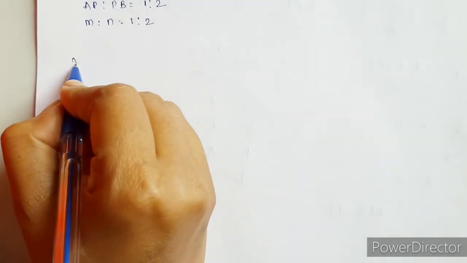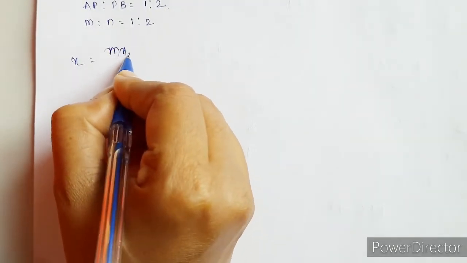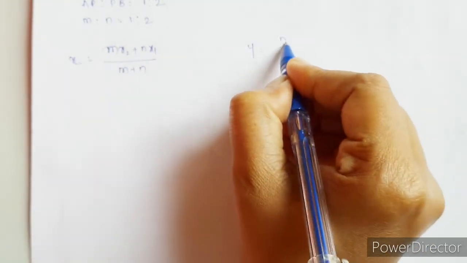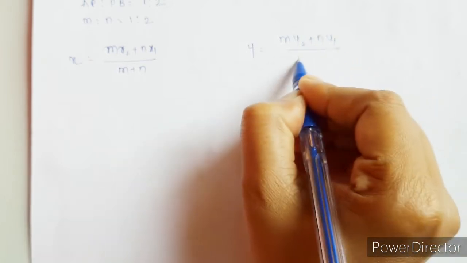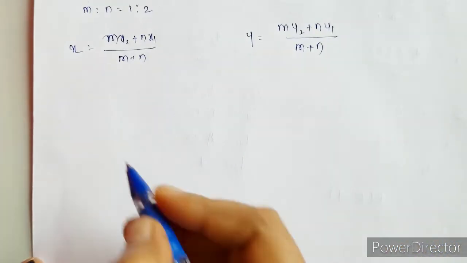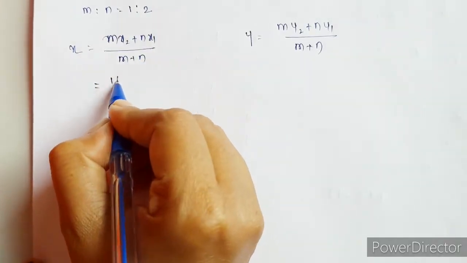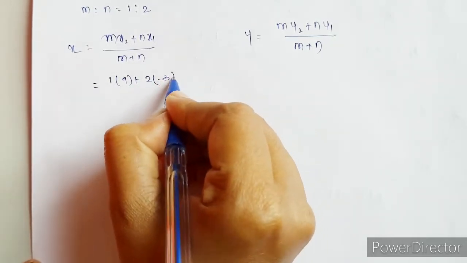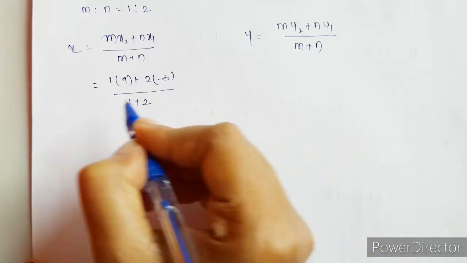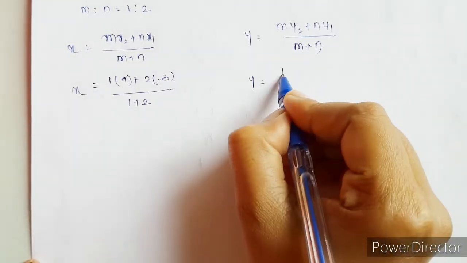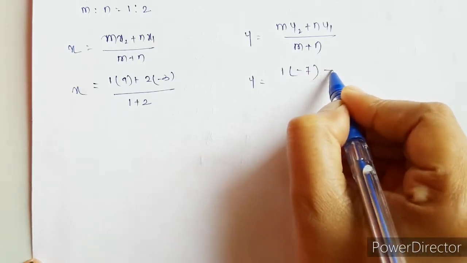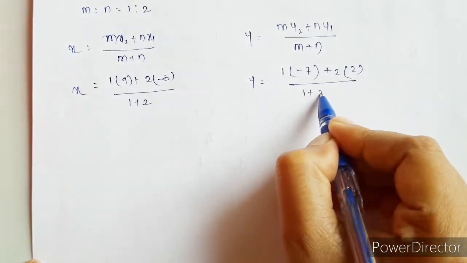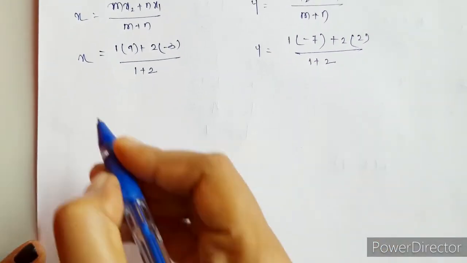Now we have to find X, and X is M x2 plus N x1 upon M plus N, and Y is M y2 plus N y1 upon M plus N. Now M in this case is 1, x2 is 9, plus N is 2, x1 is minus 3, upon M plus N. Similarly for Y, M is 1, y2 is minus 7, N is 2, y1 is 2, upon M plus N. Now just simplify this.